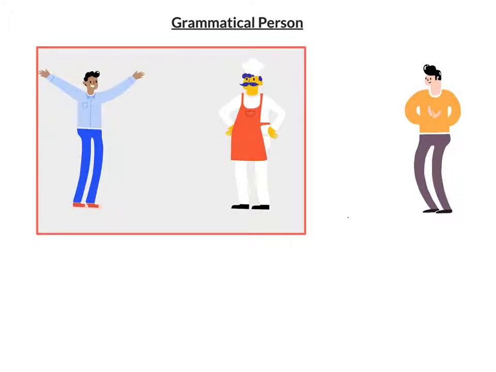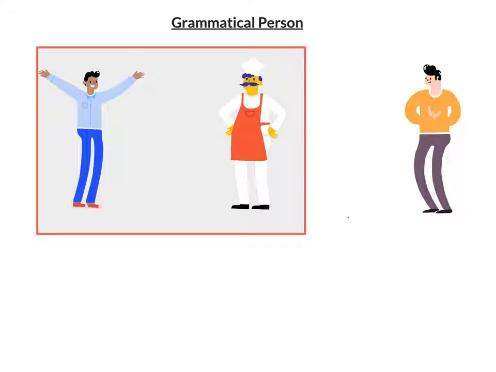Now, to do that, I'm going to take the help of these three people who are on the screen. So let's imagine that this guy in blue is a person who's talking to this cook. Okay? And then there is a third person who is not in the conversation.